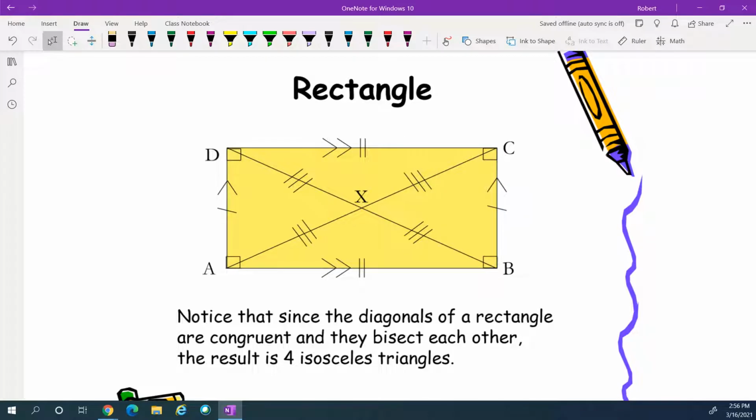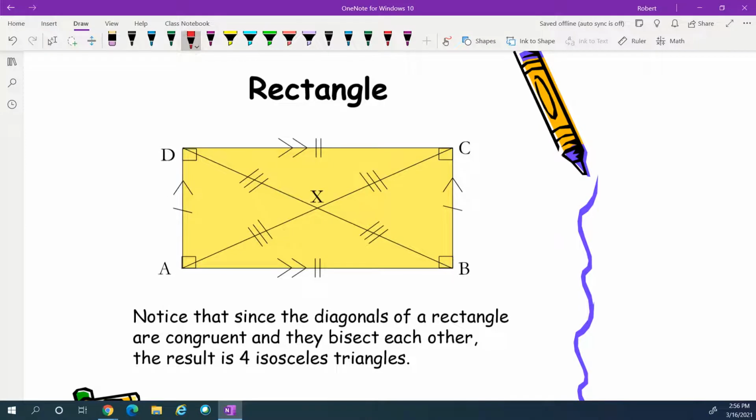And just like before, we want to notice what we can. We're comfortable with triangles. We know a lot about triangles. So think about what we can identify about these triangles that we see. Well, since we have congruent diagonals and the diagonals were bisected, then all 4 parts are congruent.